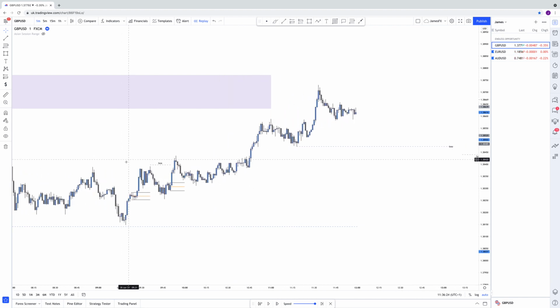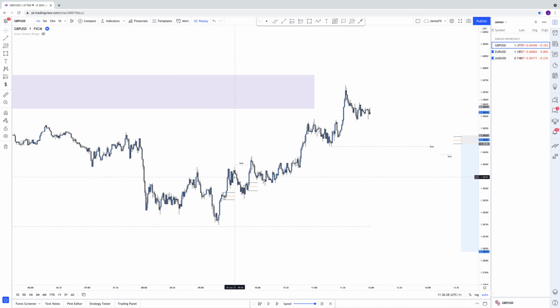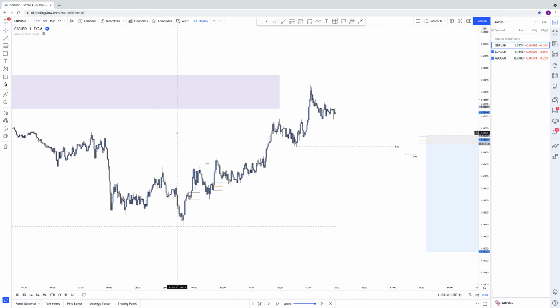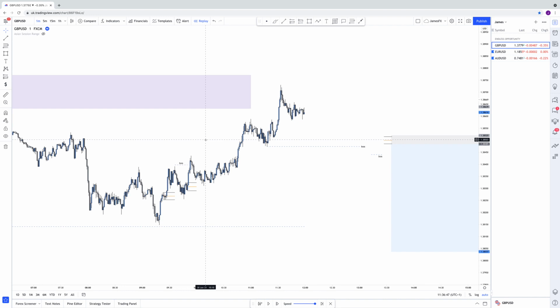Okay, so there are two entries that you can take in the lower time frame order flow coming into a higher time frame sell zone. Okay, so overall we are bearish, but the markets are fractal and we can take advantage of trades coming into and away from higher time frame POIs. It's just about learning it and back testing it.